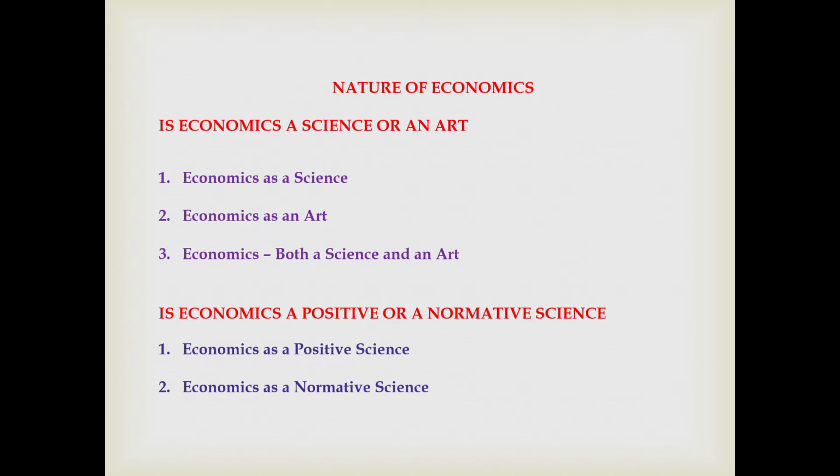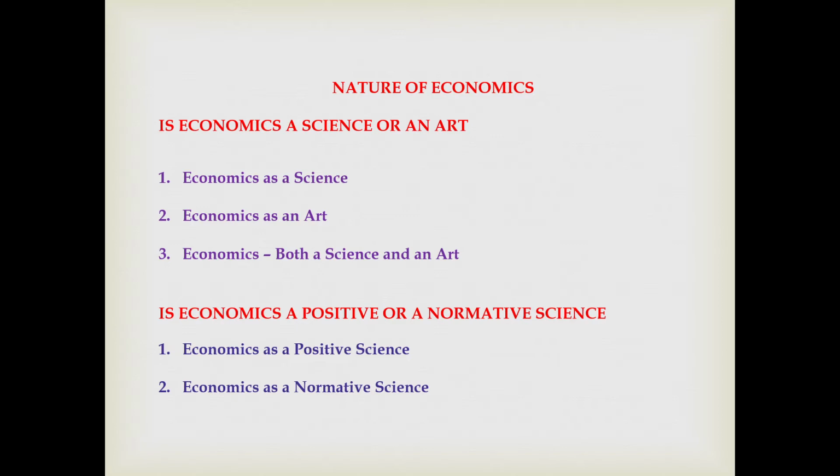The English economists of the classical school hold the view that economics is a science, but the economists of Europe, Germany, and India regard economics as an art. Let us discuss the first question: is economics a science or an art? Under this question, first we discuss economics as a science.